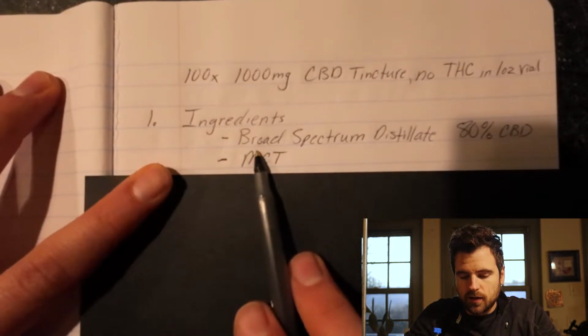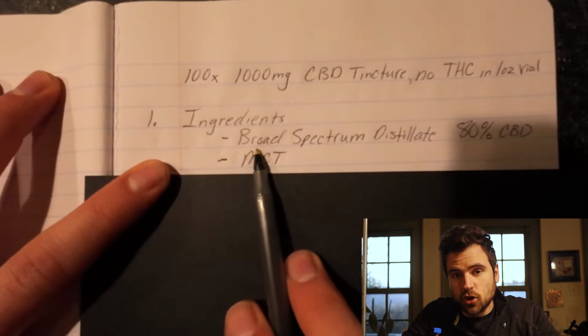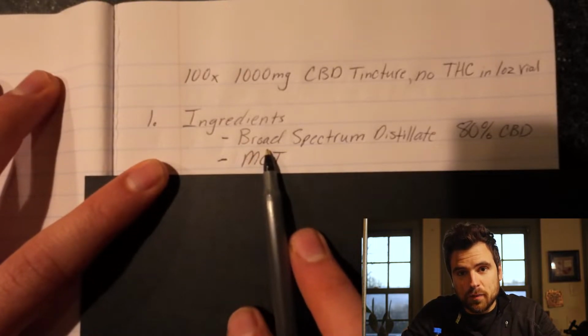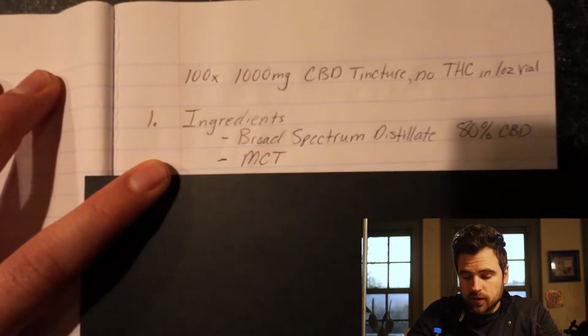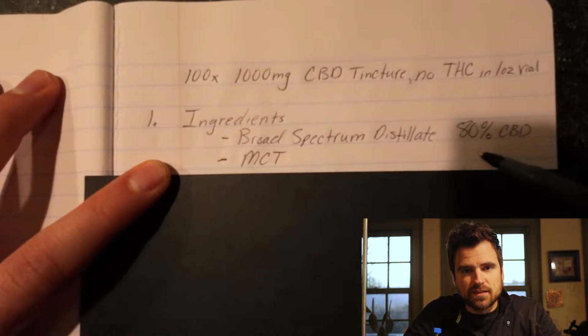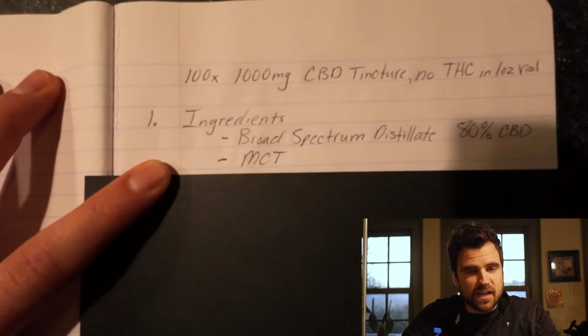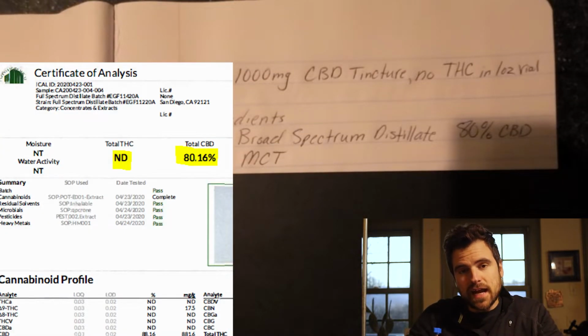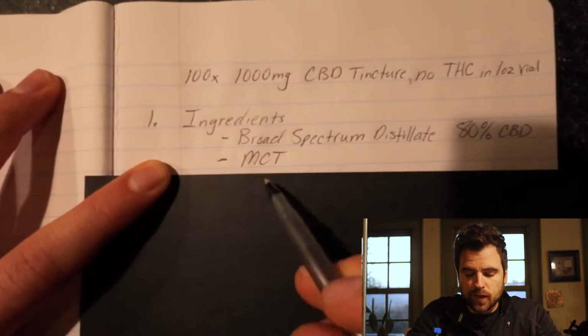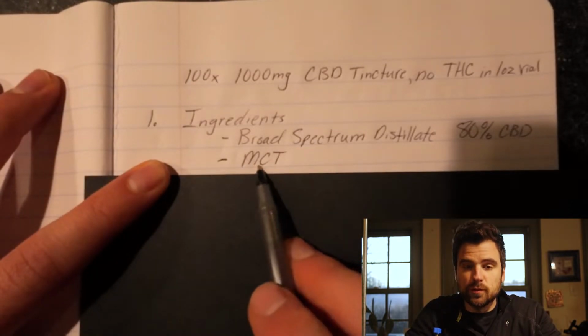Because it is no THC, we're going to use a broad spectrum distillate. And for simplicity's sake, let's say the broad spectrum distillate that I have is 80% pure. That's 80% CBD in that distillate. And the main ingredient here is going to be MCT.